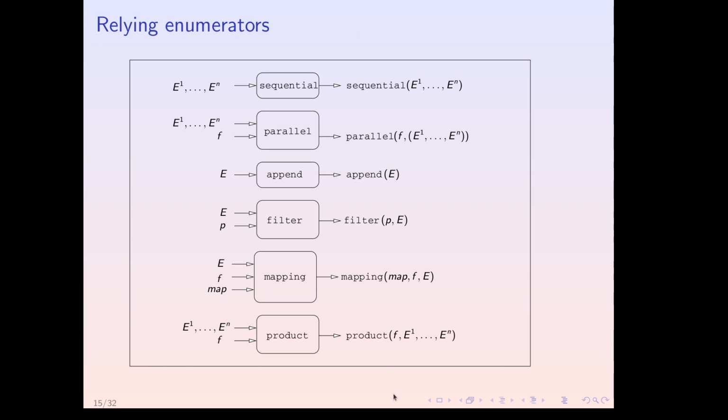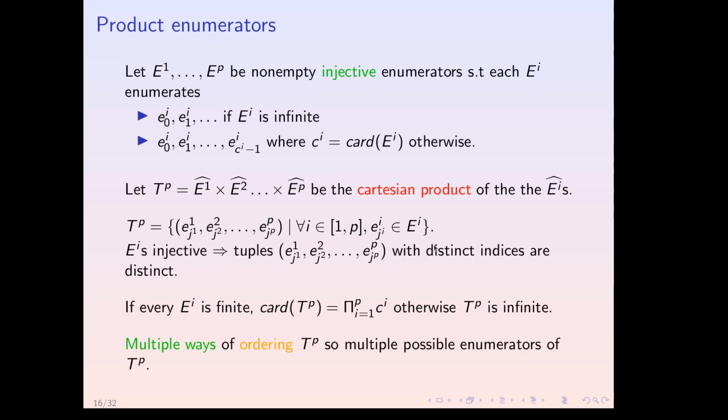So here is a picture of all related enumerators. Now we are going to concentrate on the product enumerator. So for the product, suppose we have P non-empty injective enumerators such that each Ei enumerates a sequence which may be finite or infinite. Then TP is the Cartesian product of the elements of these sequences.